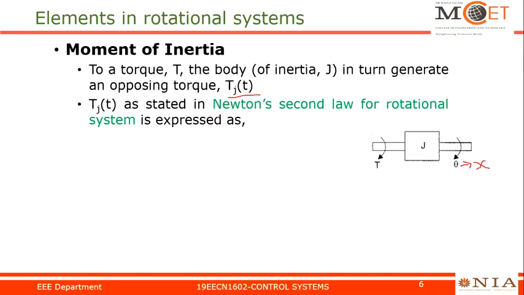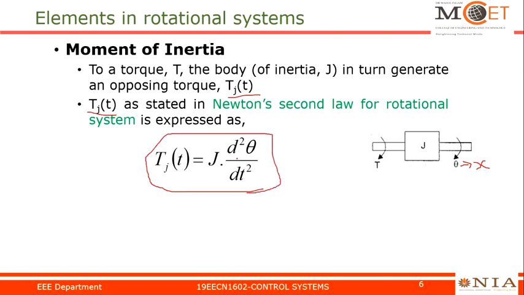Now apply Newton's second law for the rotational system in order to find Tj(t), which is given by J into d square theta by dt square. In the translational system, the opposing force offered by the mass will be m into d square x by dt square, the same thing.